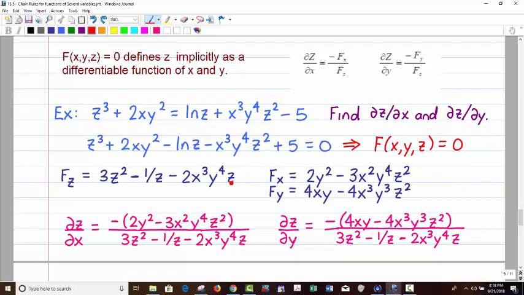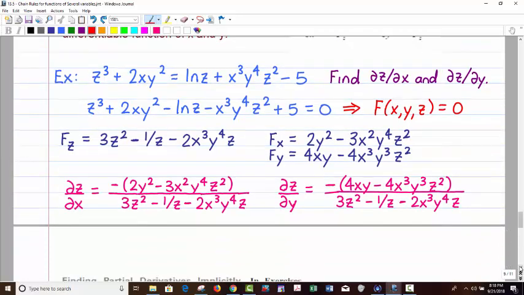And now let's get the two numerators, fx. So the x partial, there's no x here, that goes away. The derivative of this x is 1, so that gives you 2y squared. This one doesn't have an x here, but this term does. So it'd be the derivative of x cubed would be 3x squared with a minus there.